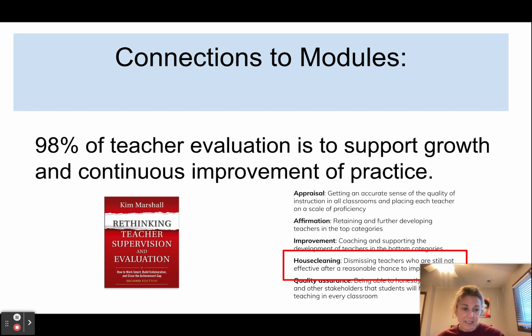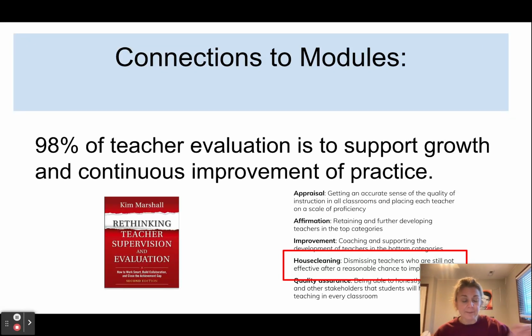About 2% of teacher evaluation is spent addressing ineffective practice, and in some cases, coaching or working ineffective teachers out of the profession after they've had a reasonable time and amount of support to improve their practice.